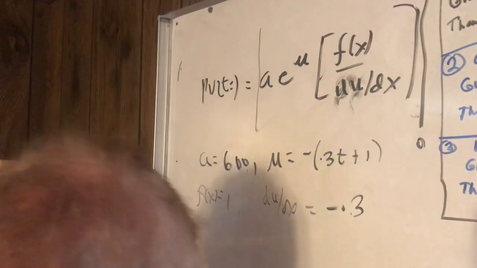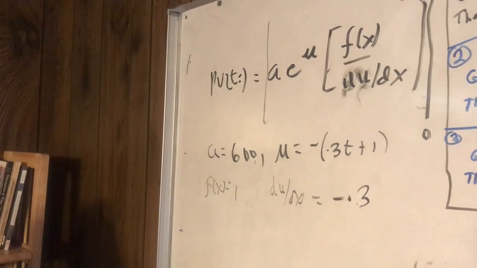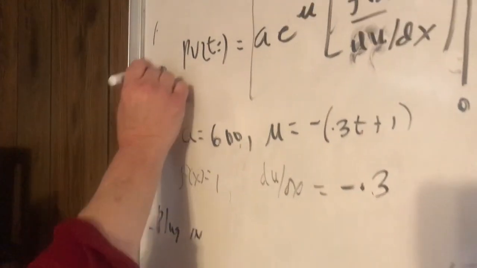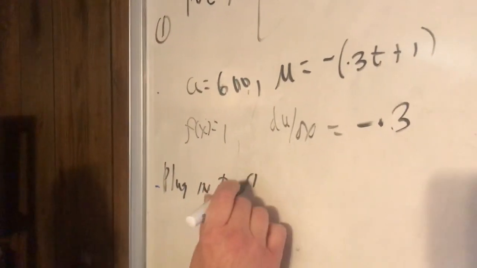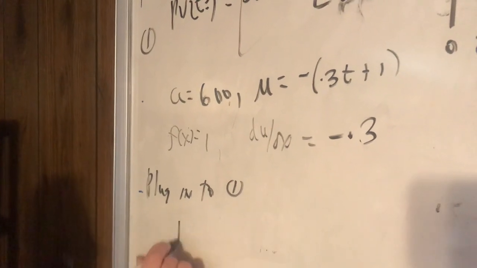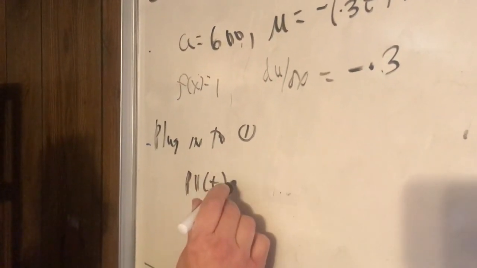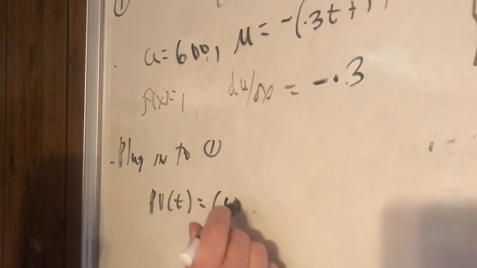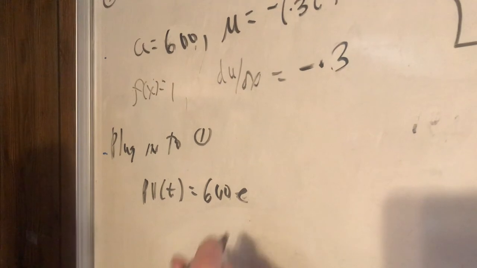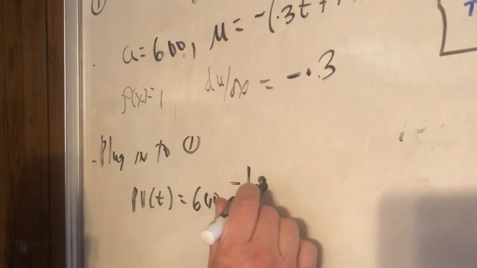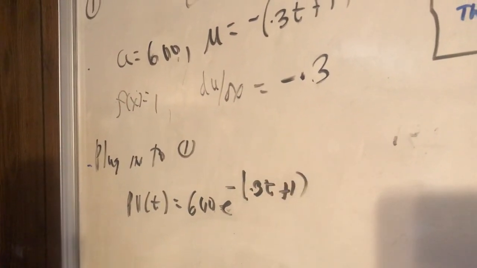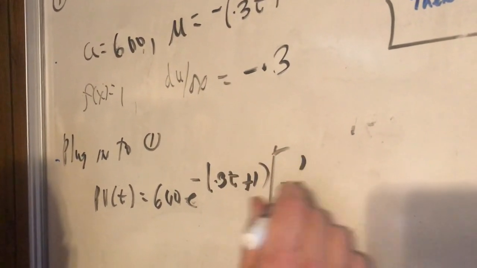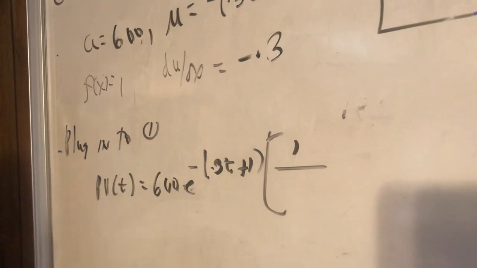So let's plug in now. Call this 1. So we get PV(T) equals A, which is 600, e to the u, which is minus 0.3 t plus 1, f of x is 1, du dx is minus 0.3.